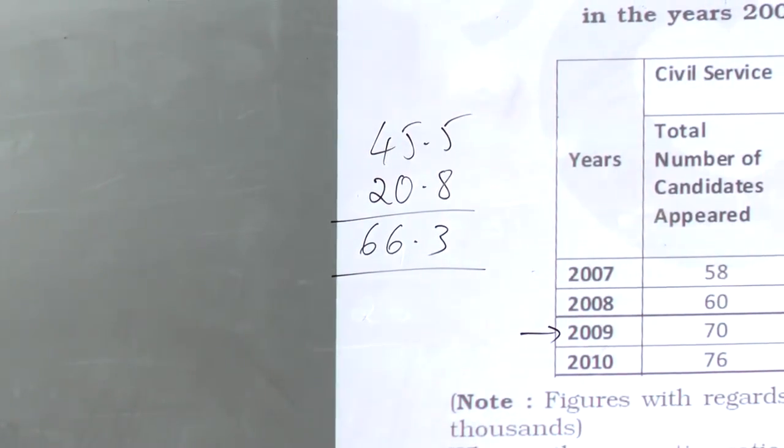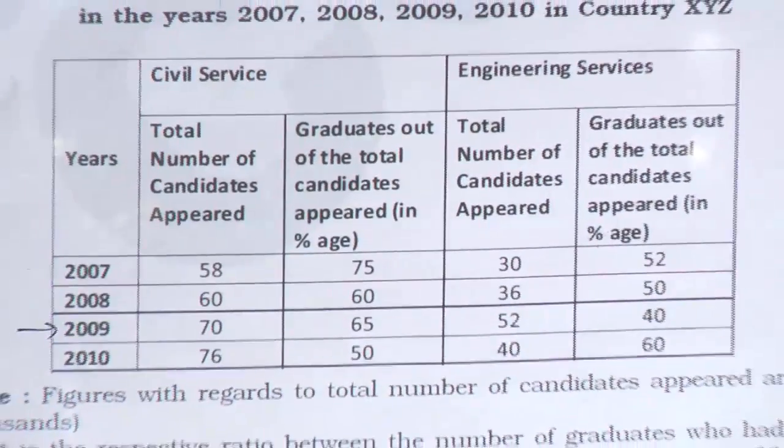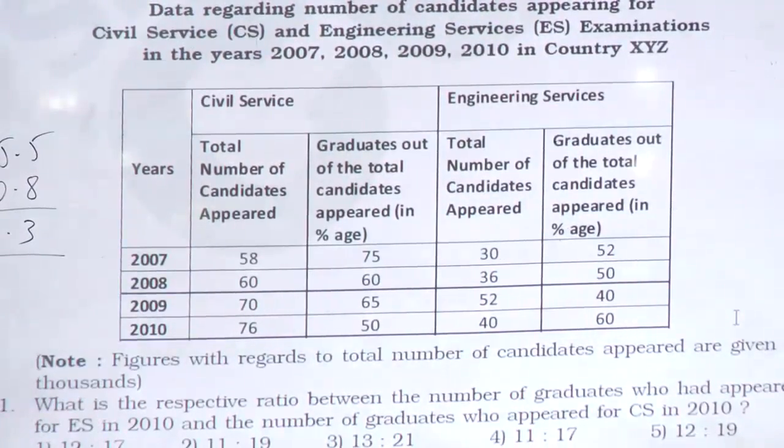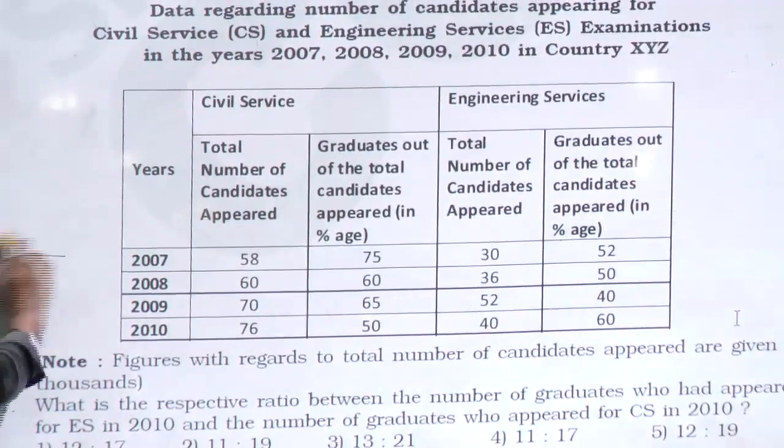Total number of candidates who appeared for CS and ES together in 2011 was 25% more than the total number of candidates who appeared for the same together in 2010.